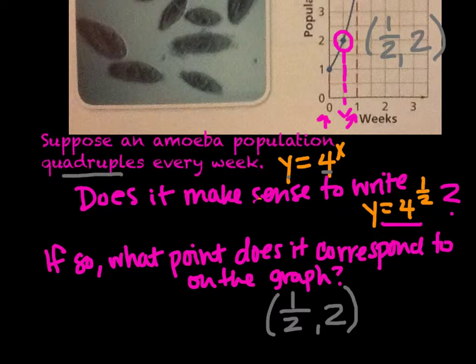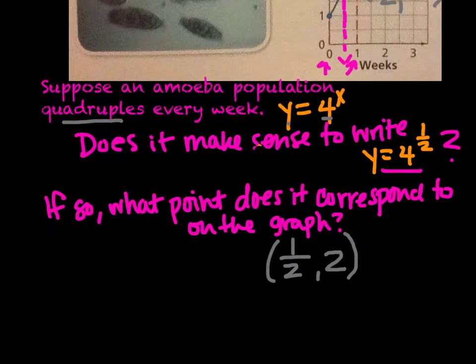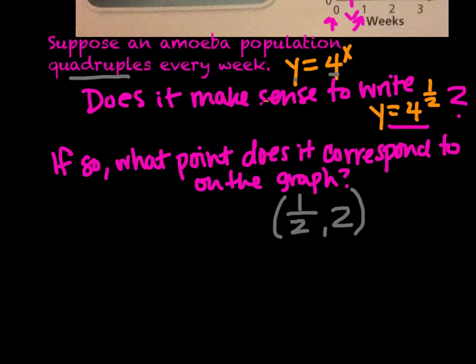So let's think about how 4 relates to 2. There's lots of different ways that 4 relates to 2. But we need to somehow get our x value in here. So 4 with our y equals 4 raised to the x power.